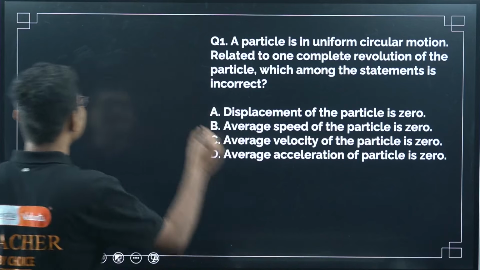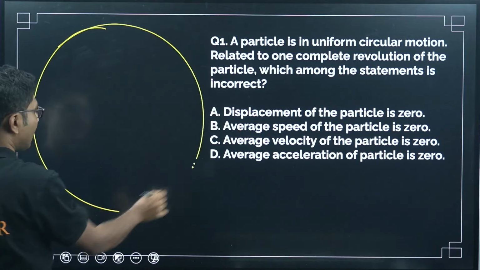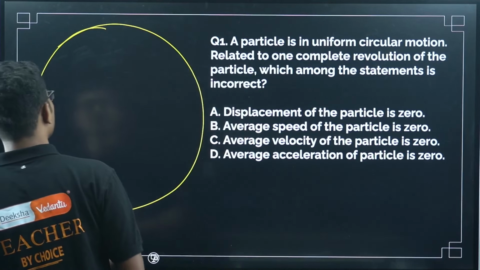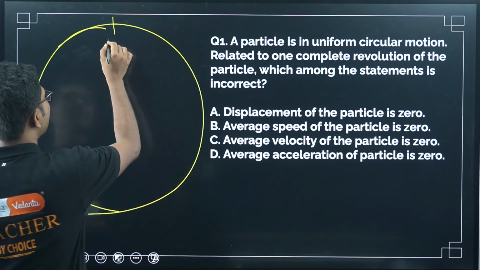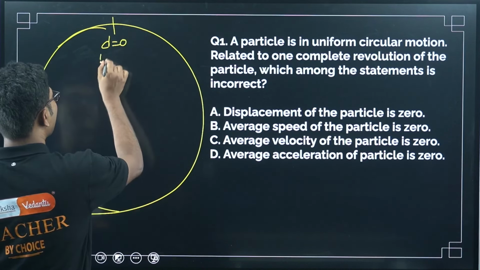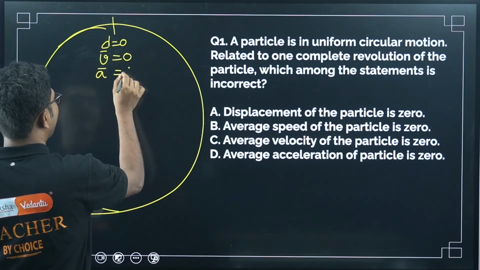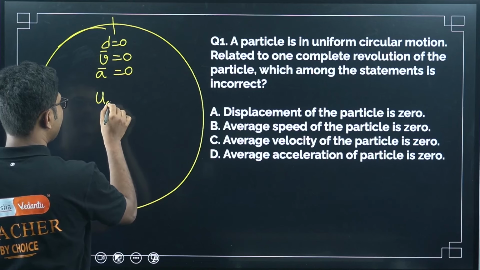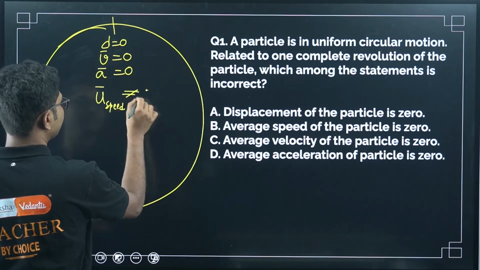I guess this is the problem that I did in our last question of the concept discussion. If you have not attended the concept discussion, you should know that when the particle completes one revolution, its displacement is 0. Since displacement is 0, average velocity is 0, average acceleration is 0, but average speed is not 0.